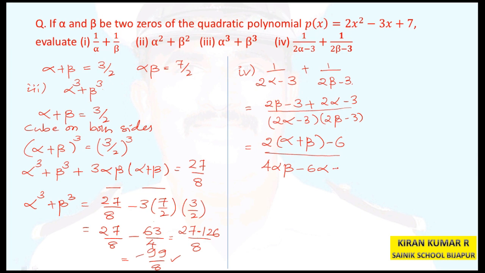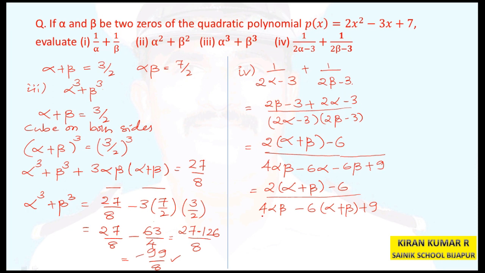I get minus 6 times beta. Negative of negative becomes positive 9. Further, I'll write this as twice alpha plus beta minus 6 divided by 4 times alpha beta minus 6. I'll take common in these two terms, 6 times alpha plus beta plus 9.